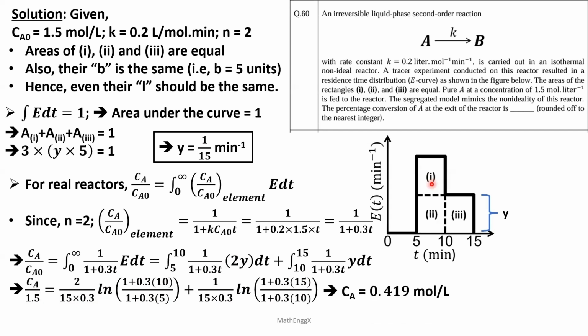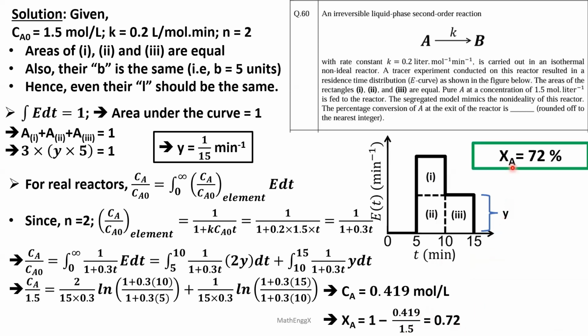On simplification, we get Ca as 0.419 moles per liter. Now we can write XA as 1 minus Ca by Ca0, which is 0.419 divided by 1.5, equal to 0.72. So in terms of percentage, the conversion of A at the exit of the reactor is 72%. So hence 72 is the right answer to this question.